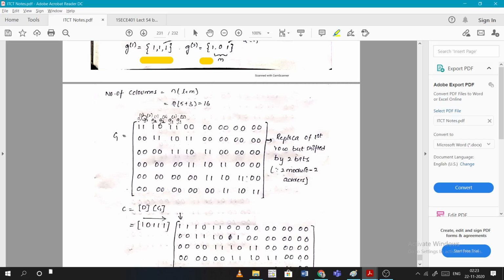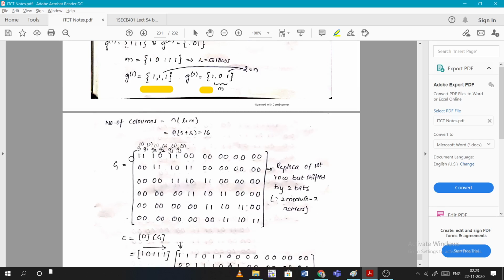So how to write this? First we know the order, right? G1 of the first one, and here 1 1 0 1 1, right? 1 from here, 1 from here, like that we need to write 1 1. So 1 0 1 0, here 1, here 1, so 1 1.